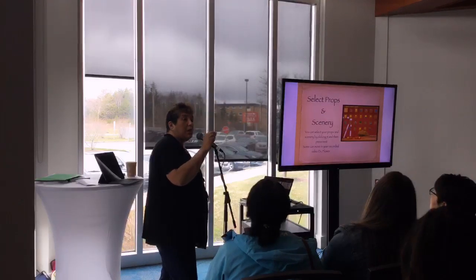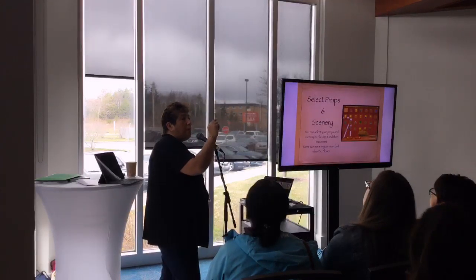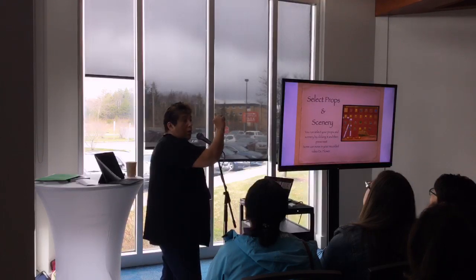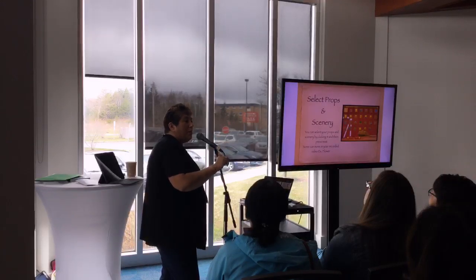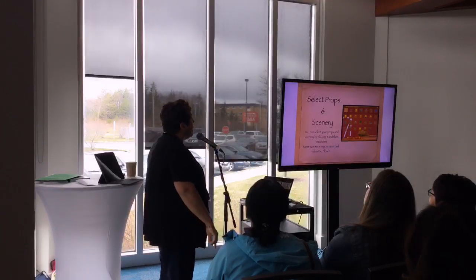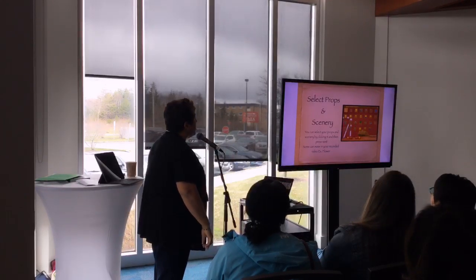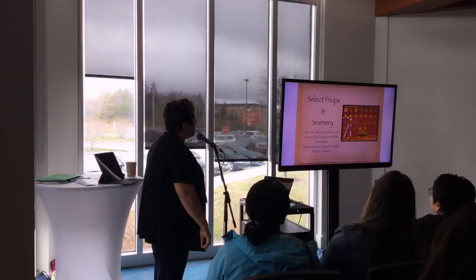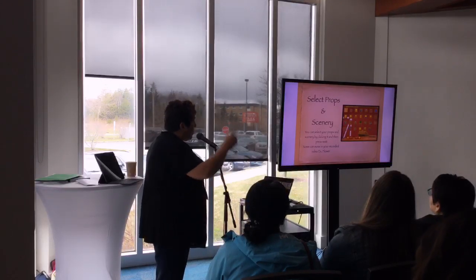When I was singing, that little flower was like my little cursor, so when the child would sing it, they would see the little flower. So you can select your props and scenery by clicking it and then pressing next, and some of them can move.